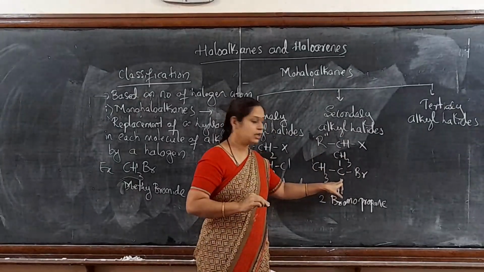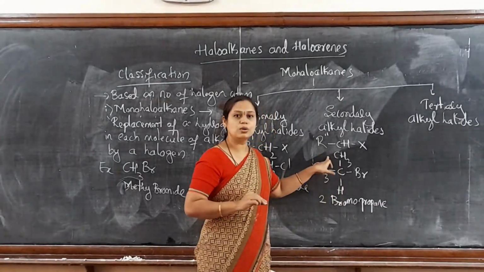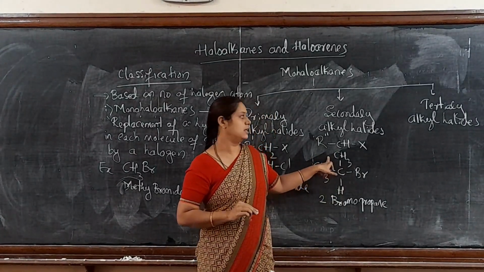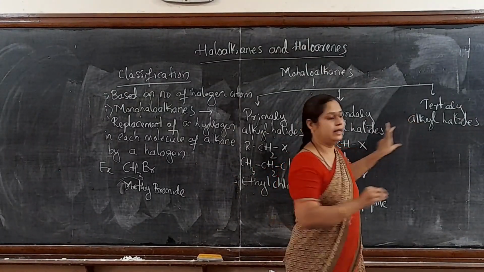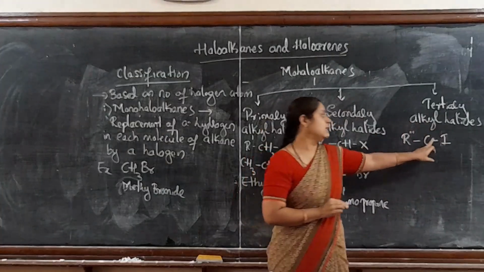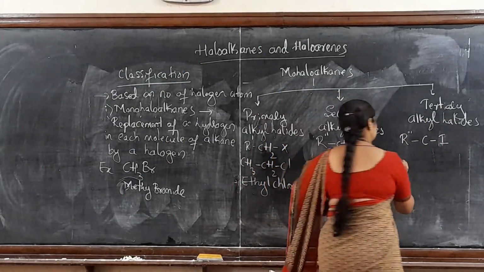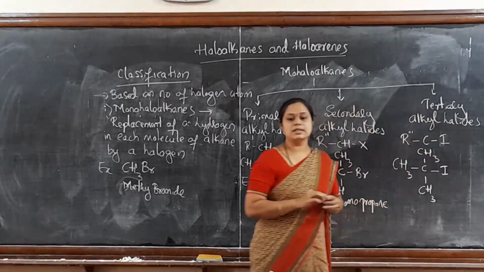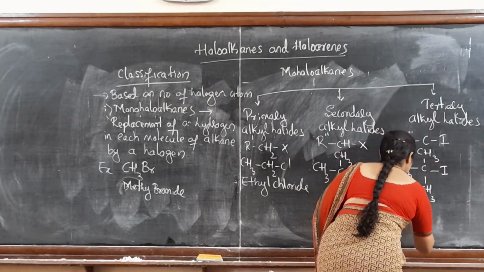It is linked to one hydrogen and two carbon atoms. Next we will see a tertiary alkyl halide. Here the halogen is attached to the tertiary carbon. So this is tertiary butyl iodide.